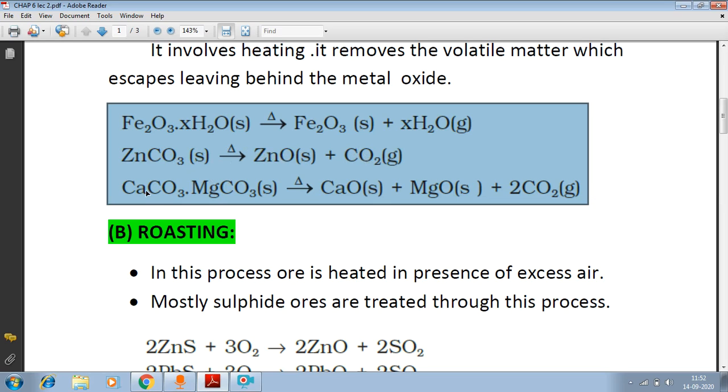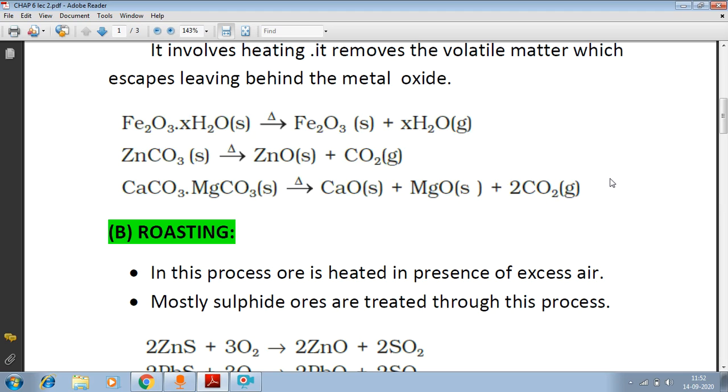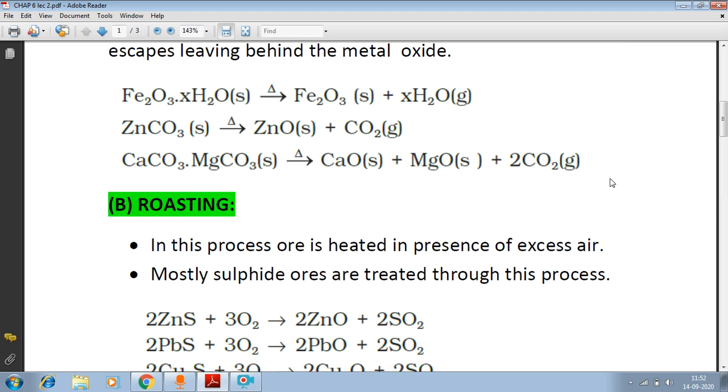Similarly, CaCO3·MgCO3, if we heat it, we will get CaO plus MgO, and carbon dioxide gas will be removed. You can see in these three reactions the products are in oxide form: first ferric oxide, second zinc oxide, third calcium oxide and magnesium oxide. So the first step is to convert the concentrated ore into oxide.